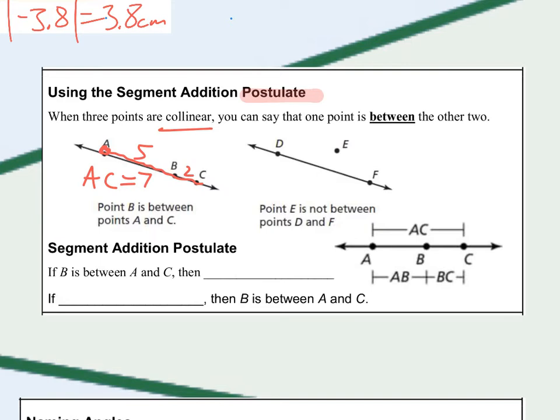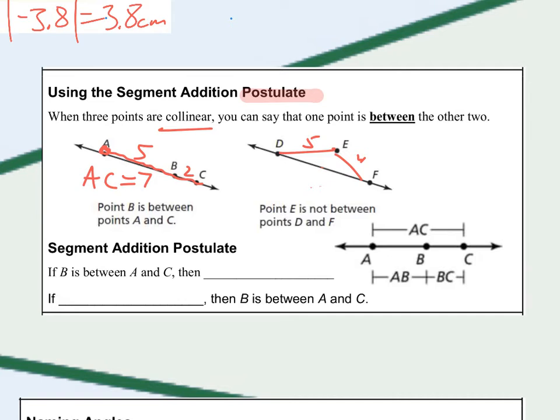Well, if this distance right here was 5 and this looks more like 4, does that mean that this distance from D to F is 9? Not really. Because if it's 5 over here and then 4, this is going to be a little shorter.